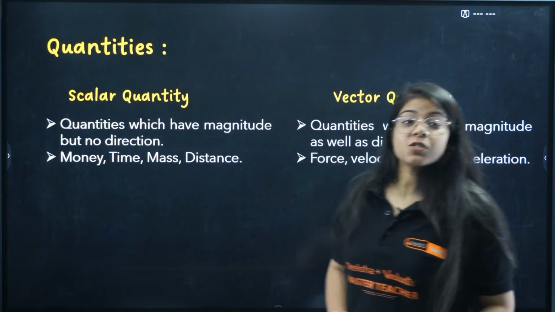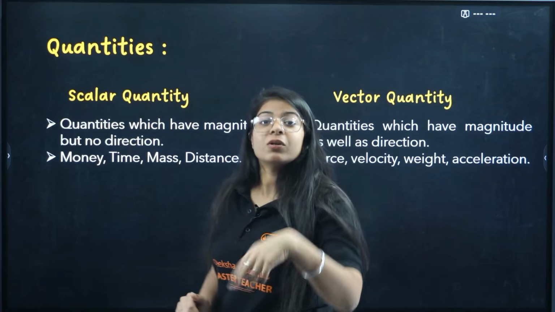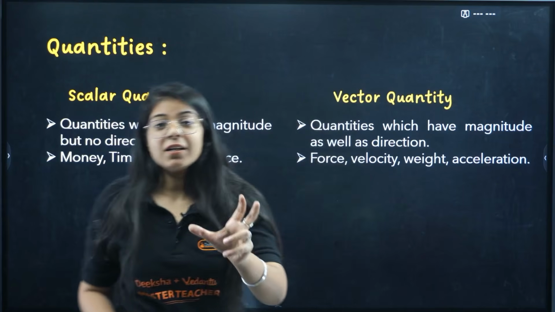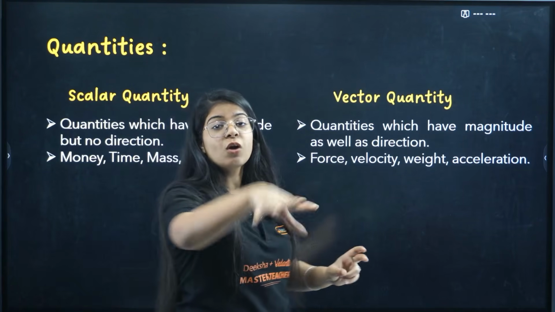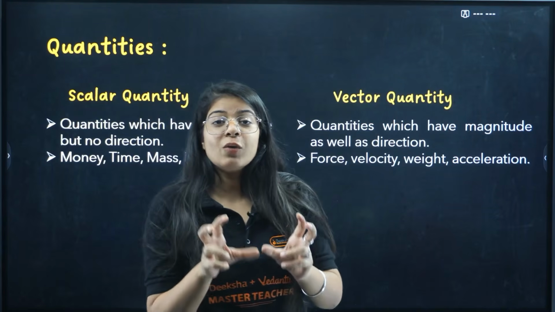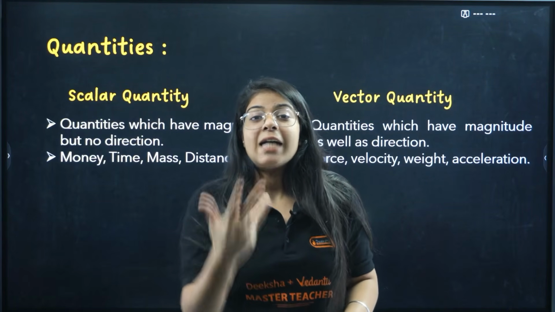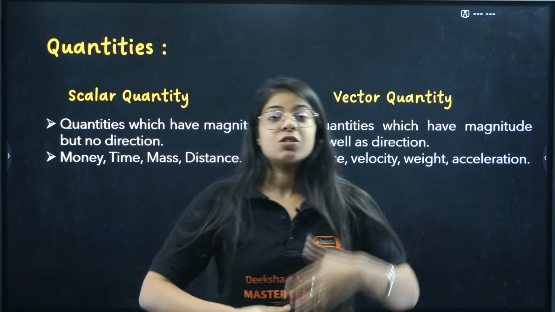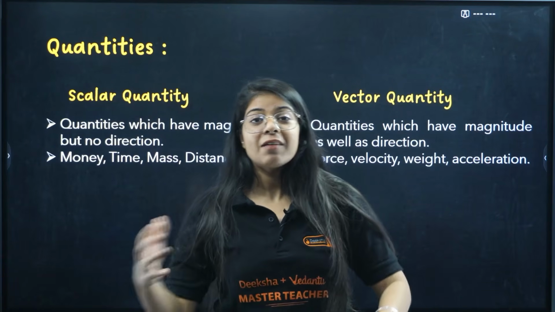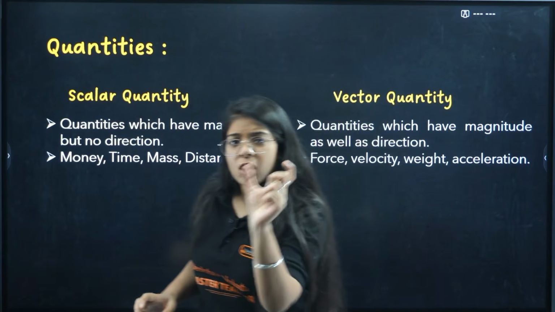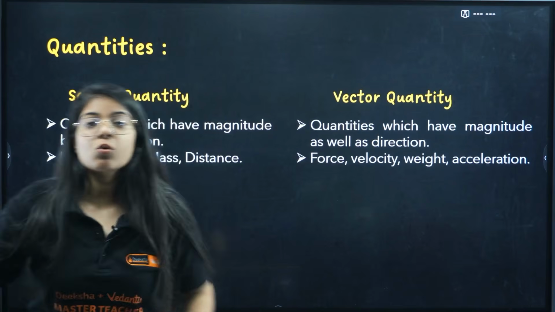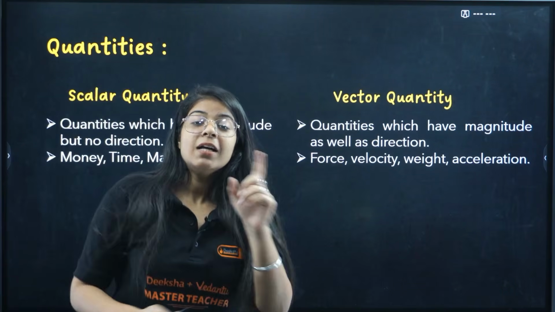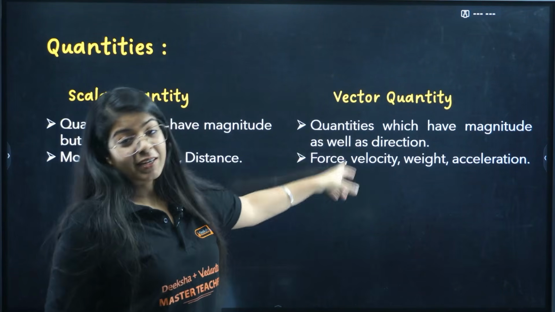So what he is doing, he is also giving you direction with the magnitude, with the distance to his home. He is also providing you an extra piece of information, that is the direction. It's towards east, it's towards north, right or left, right? So when you add that extra quantity to your magnitude, that, my friend, is a vector quantity.